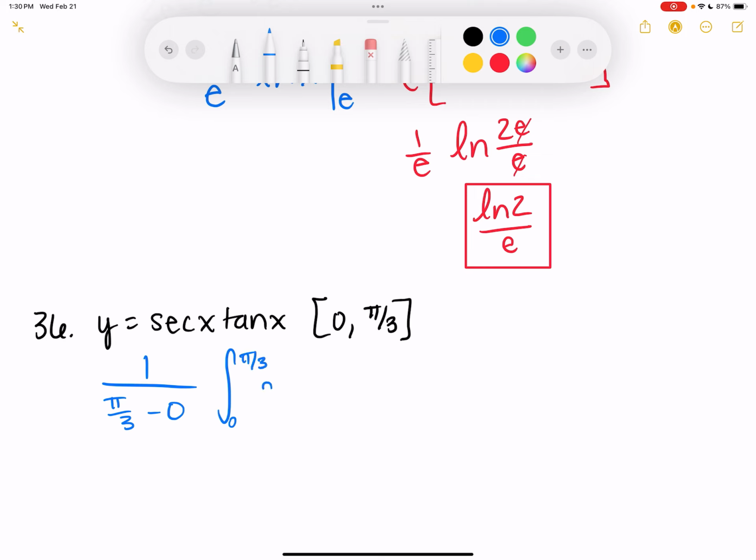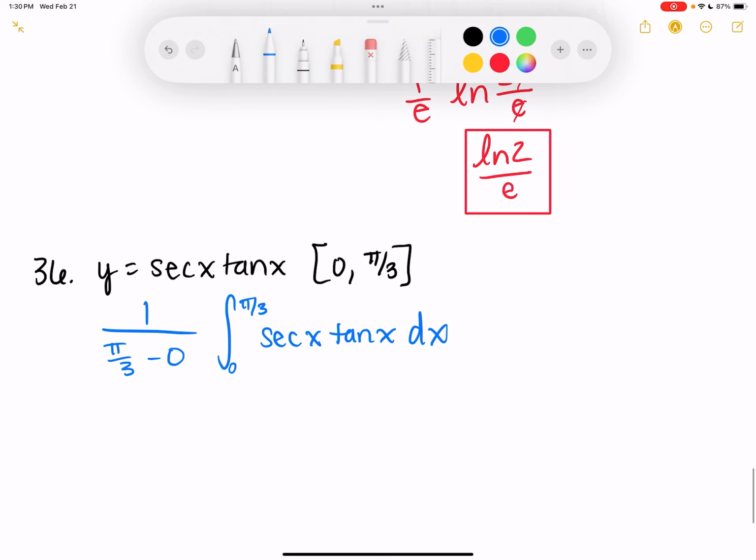Secant. So now what? So 1 over 3 times secant. You're telling me that's the antiderivative? Yeah.